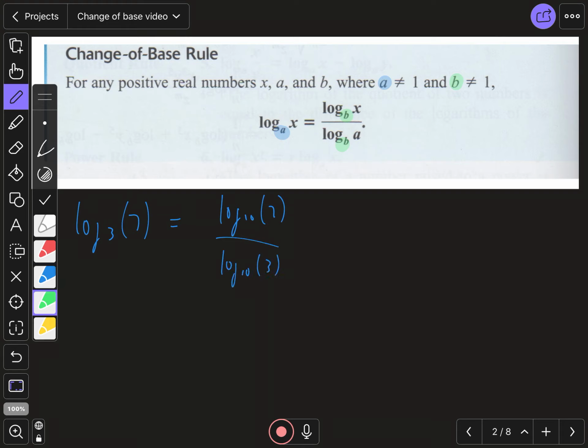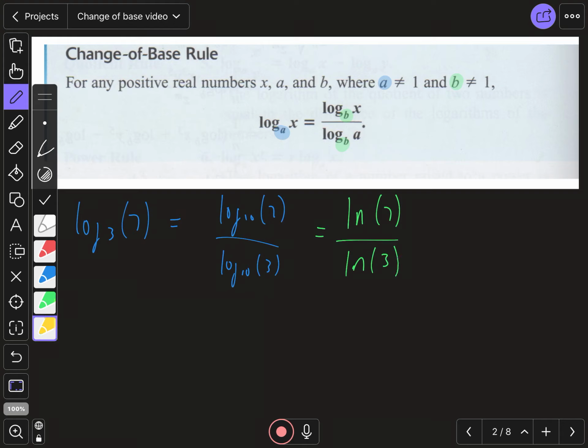Well, it turns out that the base of our new log actually doesn't matter. If we wanted to write it as a natural log, it's the same thing. So log base e, the natural log of 7 divided by log base e of 3, would also give us the same answer.